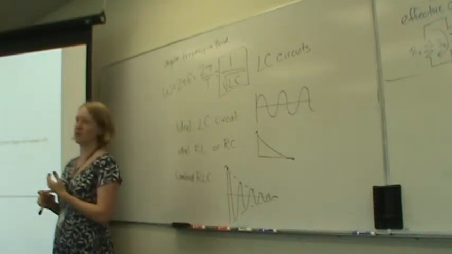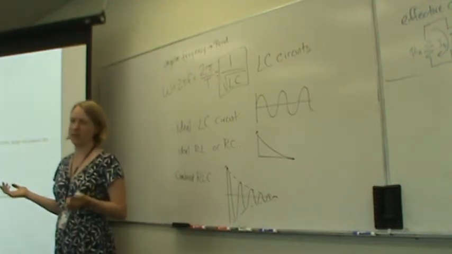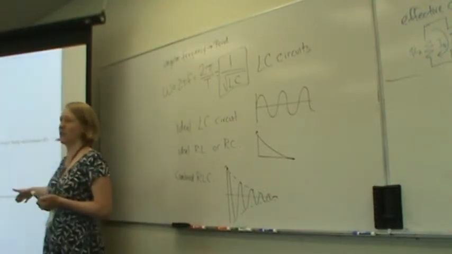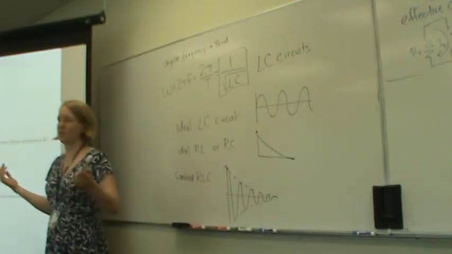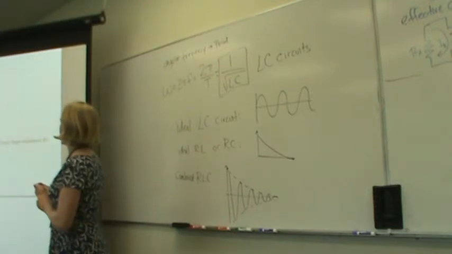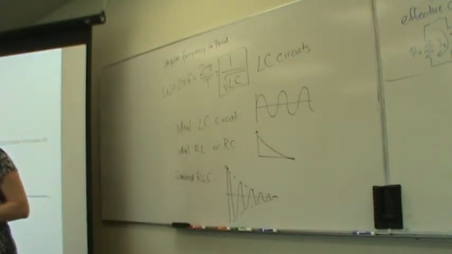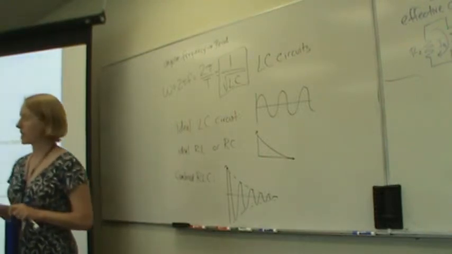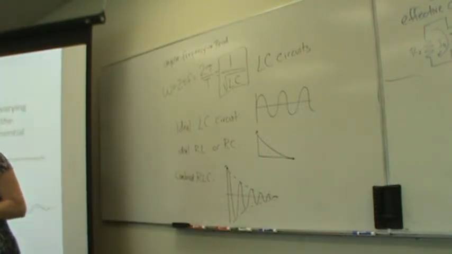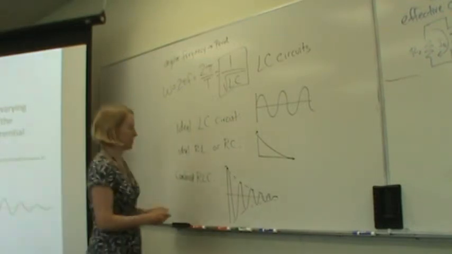Basically, the resistance is so high that it doesn't have an opportunity to even oscillate. It just peters out on the first cycle, and then the current is done. So the one that's actually interesting is the underdamped case.